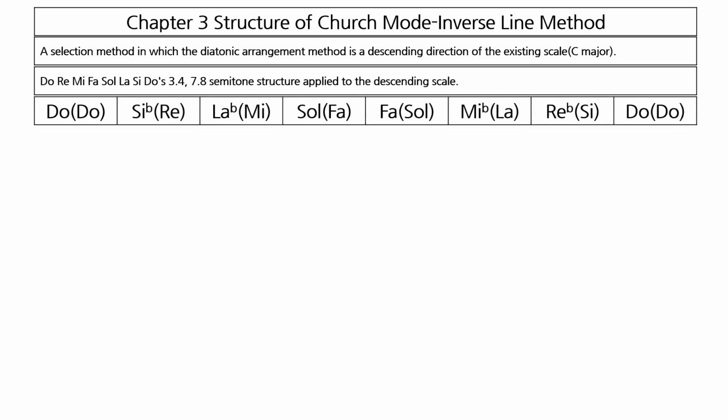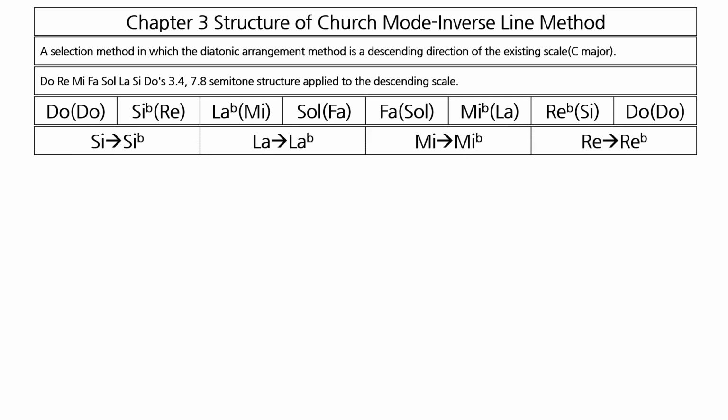What do you mean? It is to fit the descending scale, do, si, la, sol, fa, mi, la, do, to the scale structure of the ascending scale, do, la, mi, fa, sol, la, si, do.